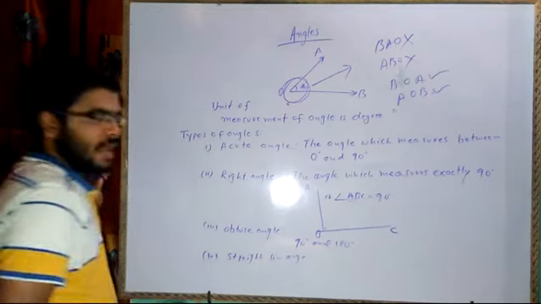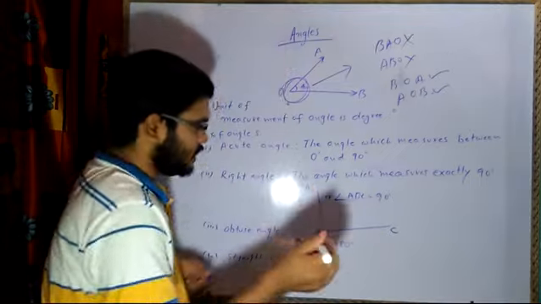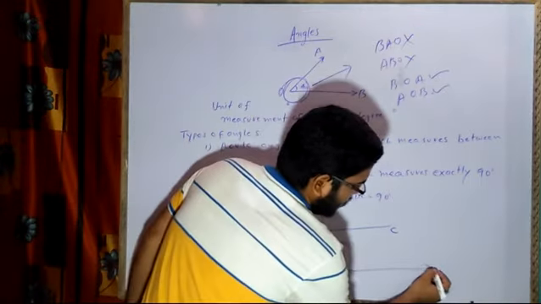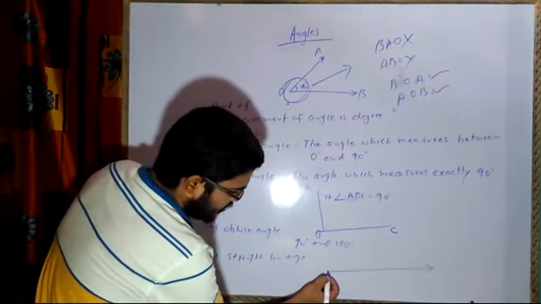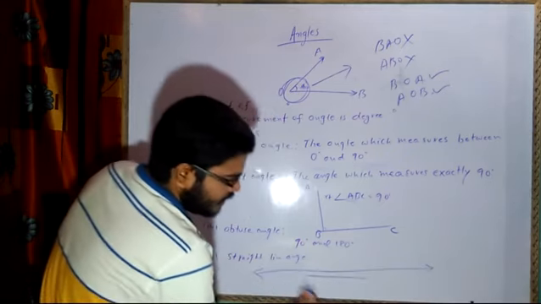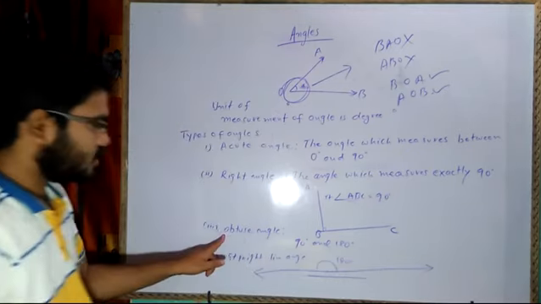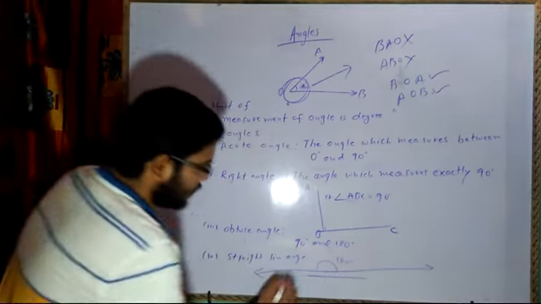So straight line angle is the angle which measures exactly 180 degree. Means the line, suppose one ray is moving this side and the other ray is moving this side, a straight line is there. That means this angle is equal to 180 degree and it is called as straight line angle.